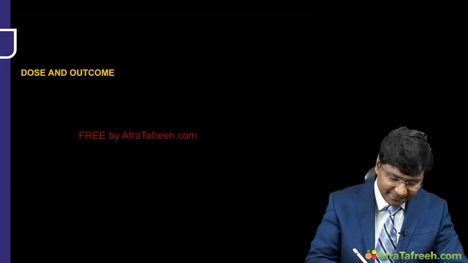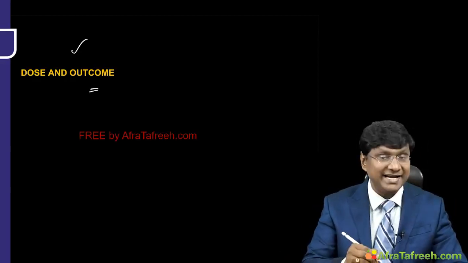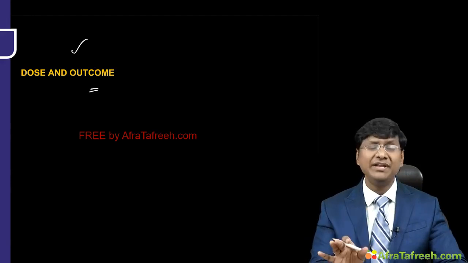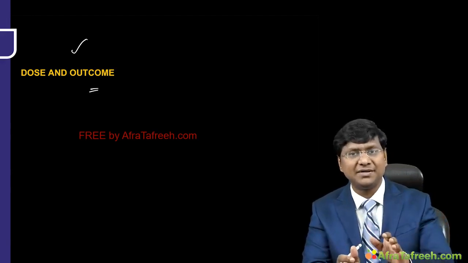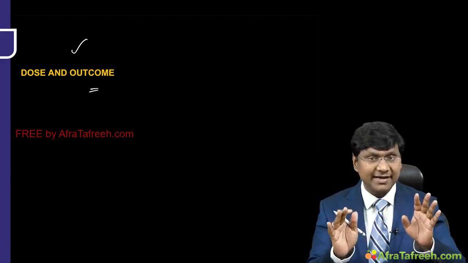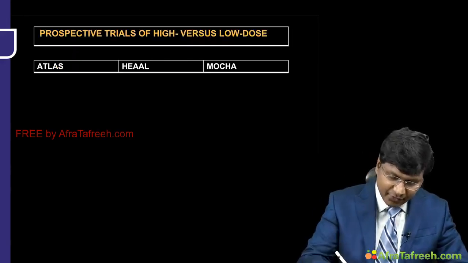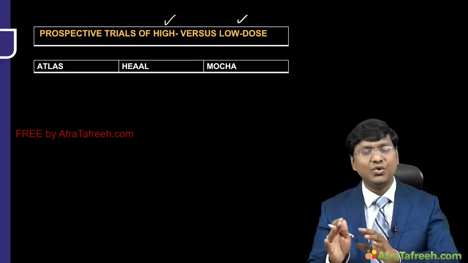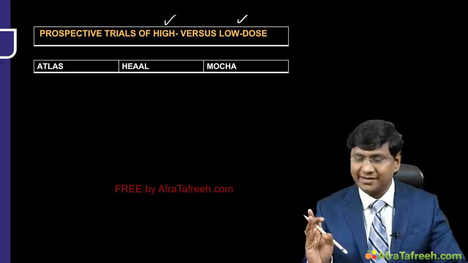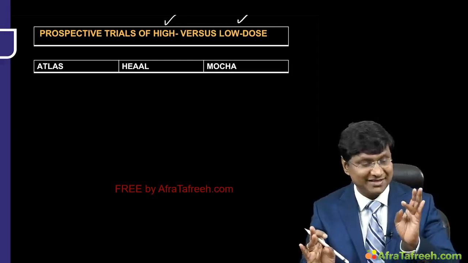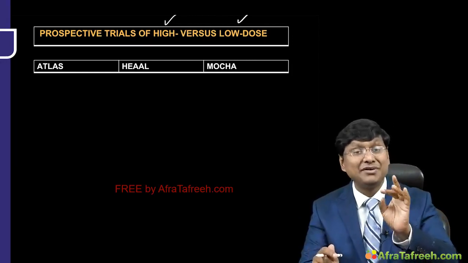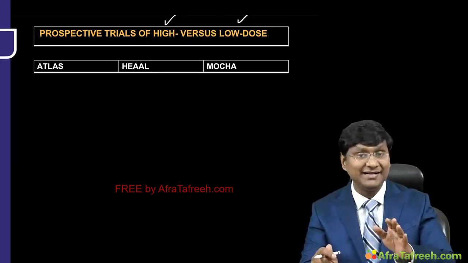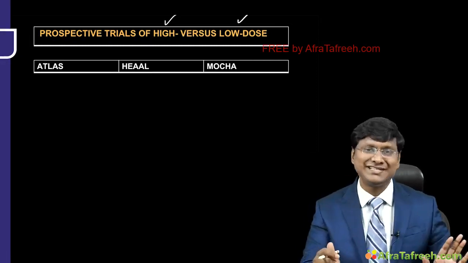Later came the discussion on the dose as well as the outcome. Whenever you are giving these neurohormonal antagonists, there were trials done on whether to give high dose versus low dose. There were trials done for ACE inhibitors, for the beta blockers, and also for the angiotensin receptor blockers.